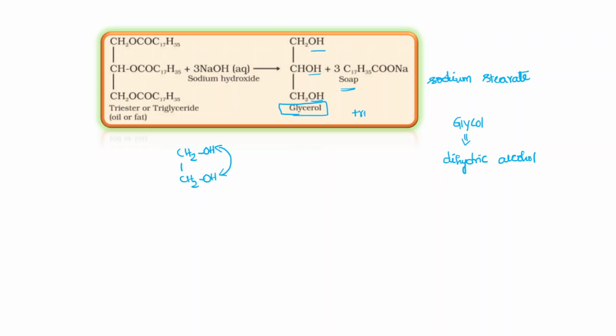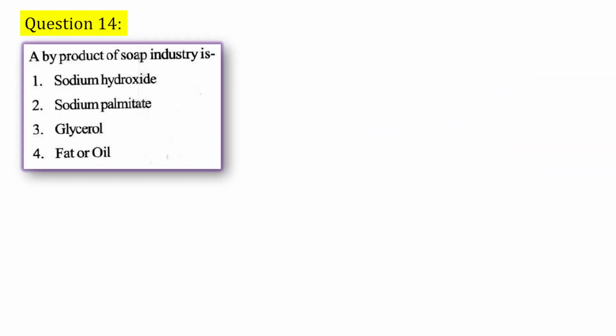So glycerol is also called a trihydric alcohol, whereas glycol is referred to as a dihydric alcohol. So based on this, the byproduct of soap can be said to be glycerol.